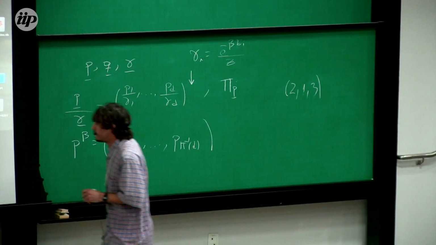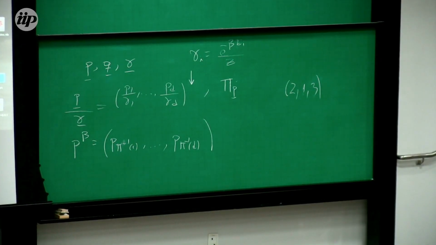And now we are done, because if we want to know if P thermomajorizes Q, we just need to build the thermomajorization curves associated to those two states.